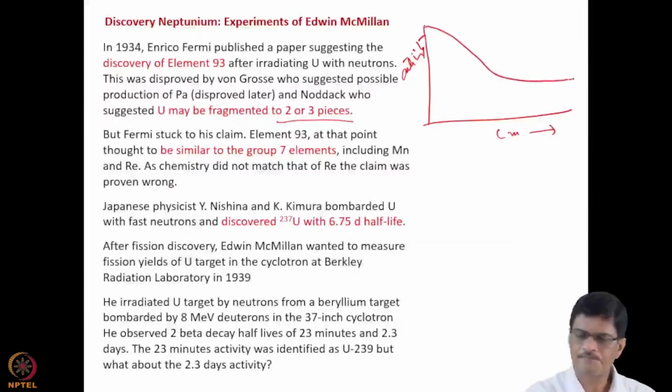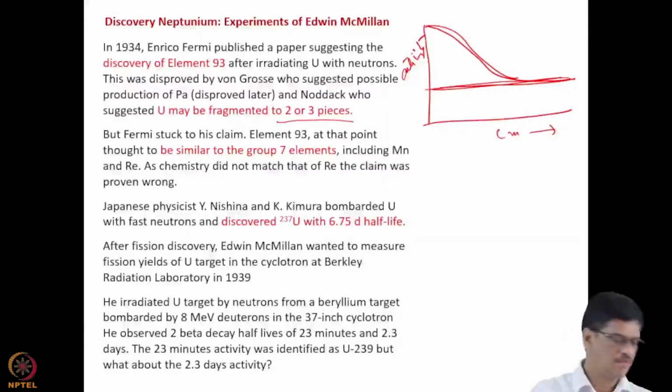This is decaying, so it is attributed to the fission products, and he found that a large amount of activity was still there. This is because of the aluminum foils.